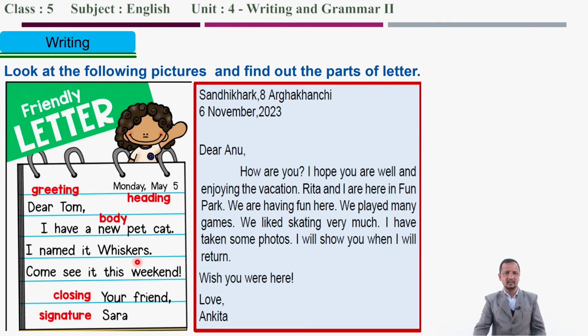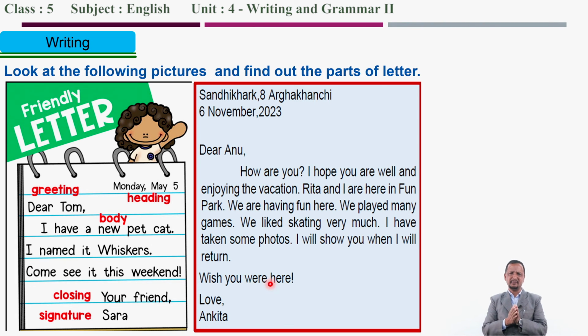I named it Whiskers. Come see it this weekend. This is what? This is body. Oh, and there is closing too. Let's see at the end. Yeah, closing, your friend. Like here, love. And finally, the sender, the writer, we write our name, okay? That is what is called signature.